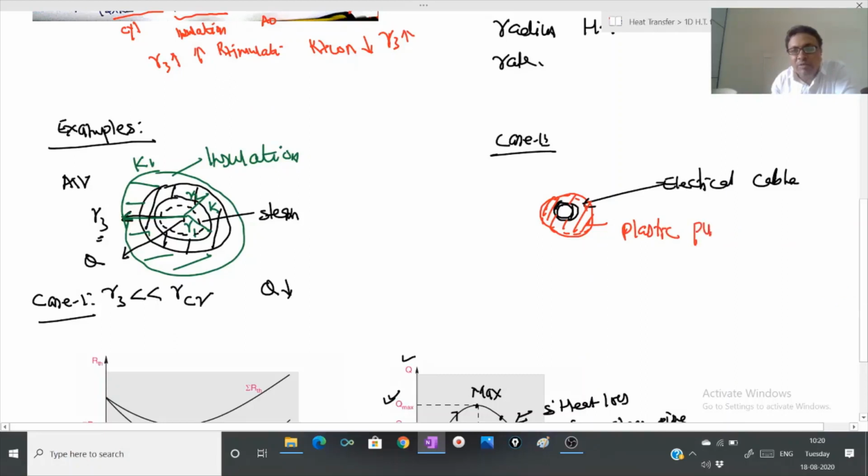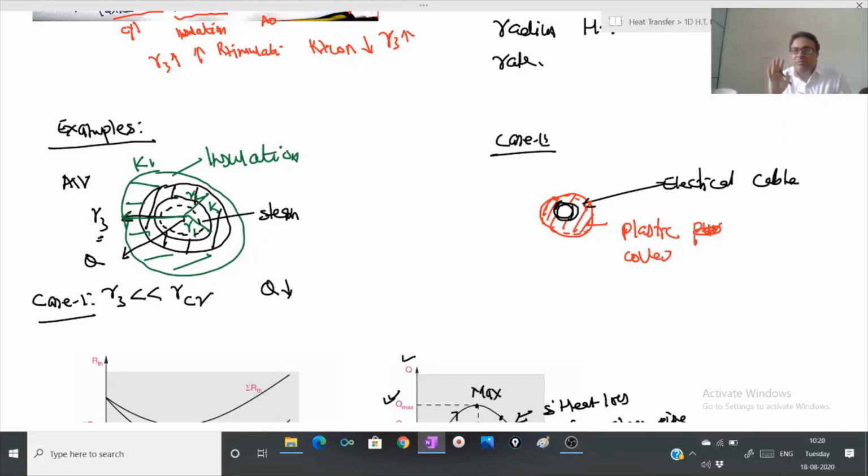Now what is the purpose of this plastic cover? See, whenever electrical cables are carrying electric current and if they are naked, if someone touches them, they can get an electrical shock. So the very first purpose is to prevent shock to the user.